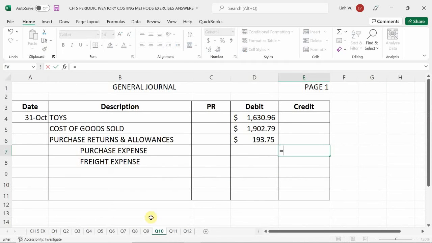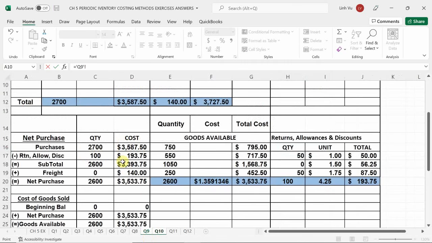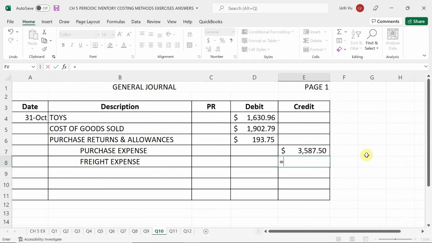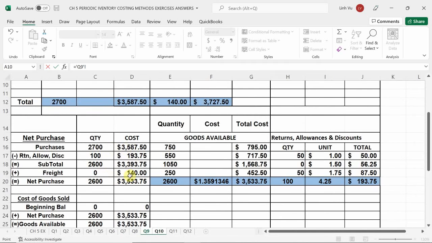And what was the total purchases? 37,27.50, or, no, it's the other one, huh? 35,87.50. Good, right? Yeah, because we're going to calculate the freight separately. Yeah, freight. Good. Okay. And of course, the freight was that 140.